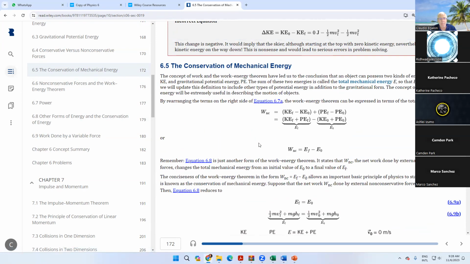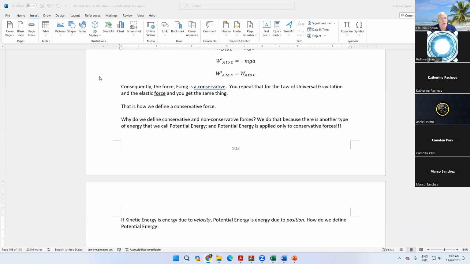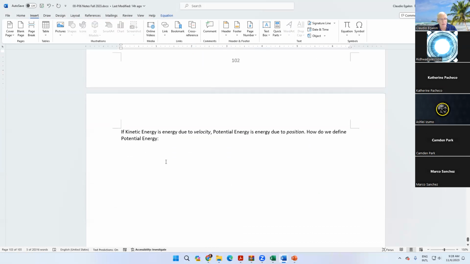So how is potential energy defined? You already saw that kinetic energy is defined as half mv squared.